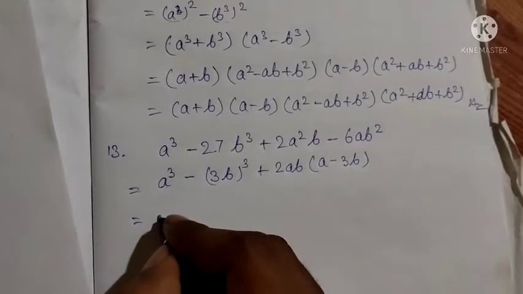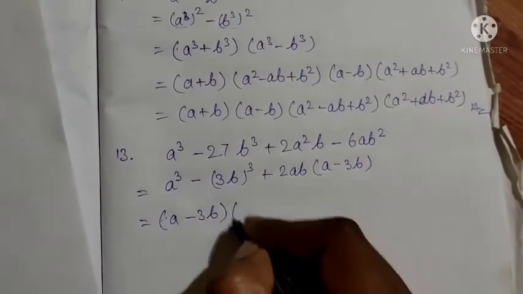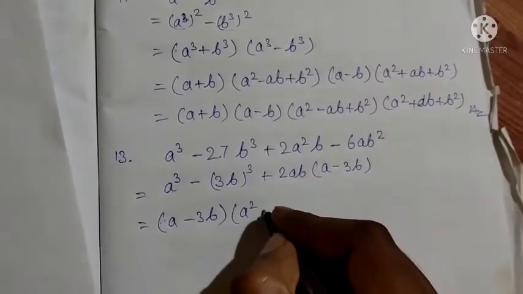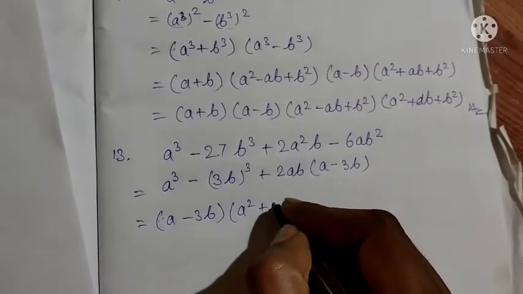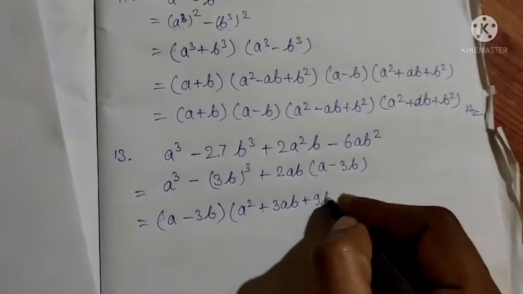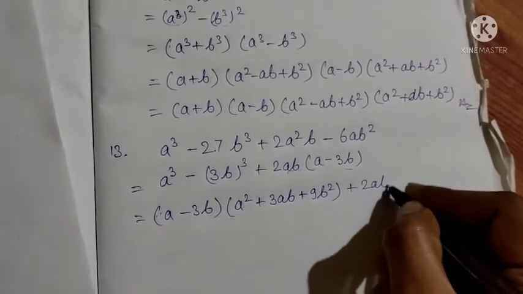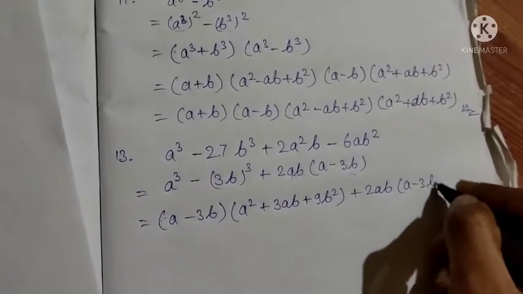Okay, all right. Now it is in the form of a cube minus b cube, so we are going to solve it, and it will be (a minus 3b) into (a square plus 3ab plus 9b square) plus 2ab (a minus 3b).